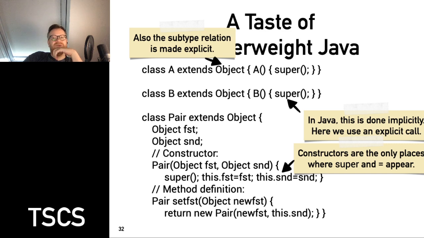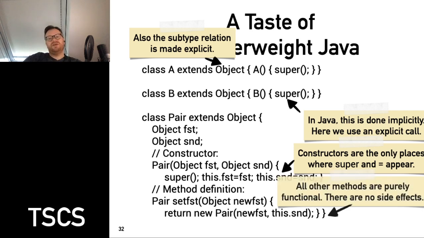Constructors, by the way, are the only places in Featherweight Java where super and the equal sign appear. You do not have super calls anywhere else here. Whenever you call such a function here, you always return a new pair. So all other methods are purely functional. We do not have any side effects in Featherweight Java.